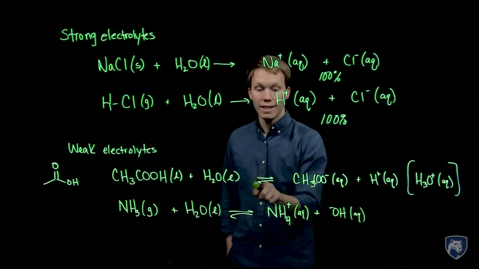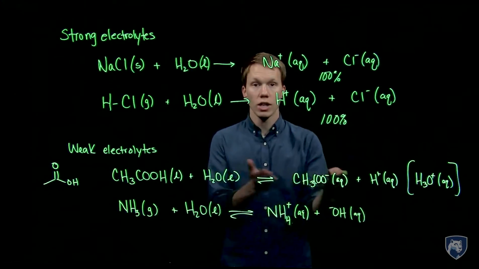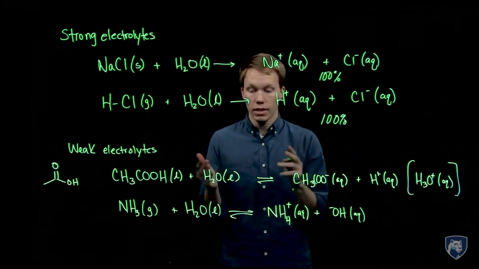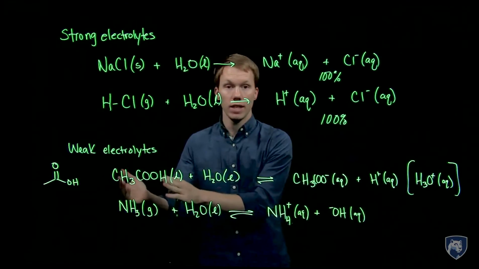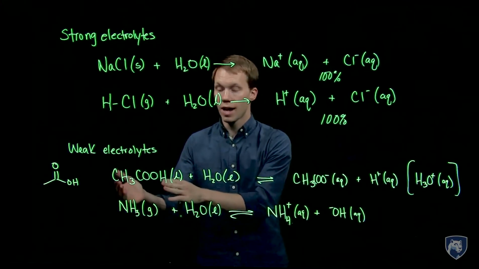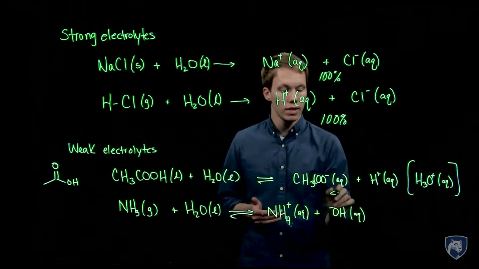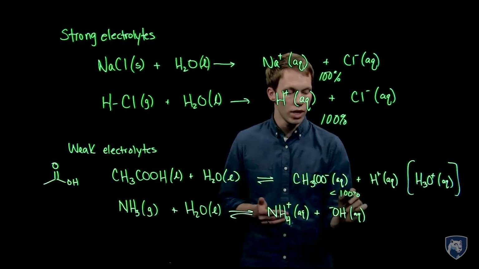So the fact that this is equilibrium, meaning the forward reaction and the reverse reaction are happening at the same time, and there is always some of the entire molecular compound here and some ions present, and so this is less than 100% dissociation.